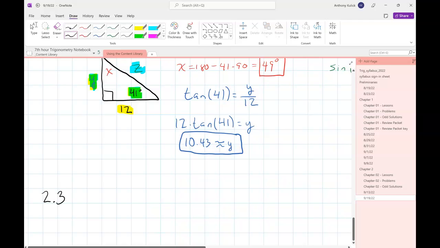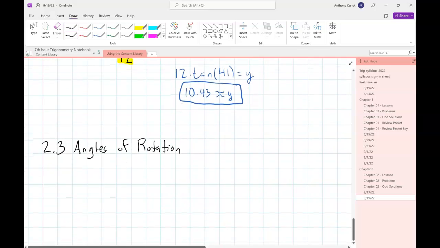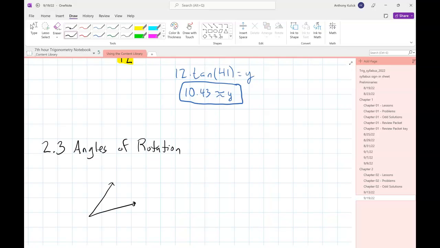But what we want to do is kind of extend these definitions a little bit. So in geometry class, if you have an angle that looks like this, start here, right? Say we have an angle like this. Again, we're in geometry.